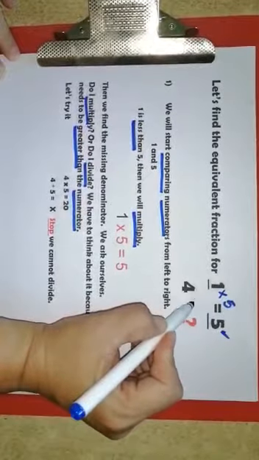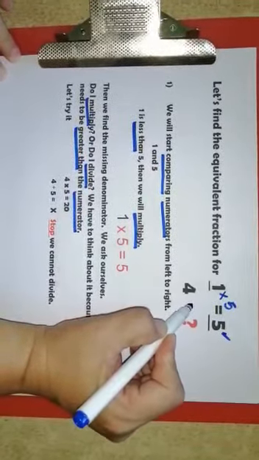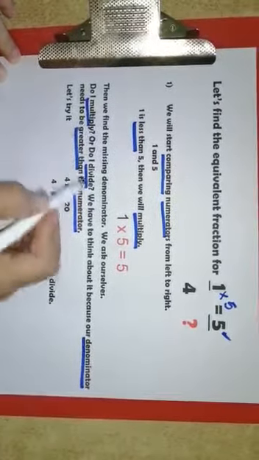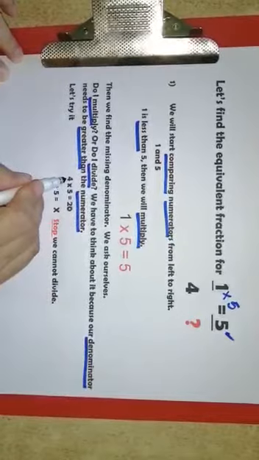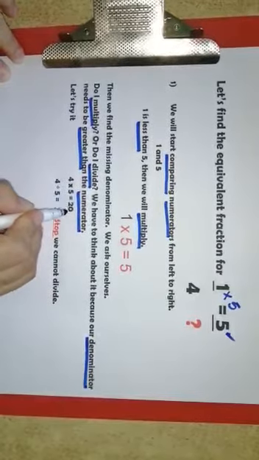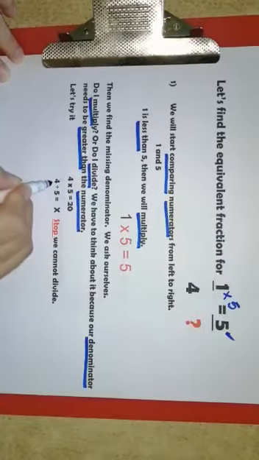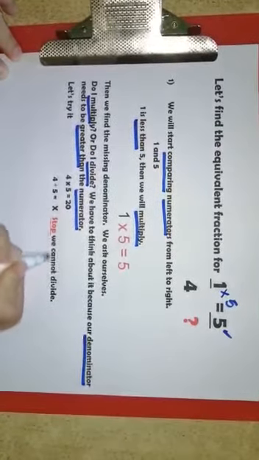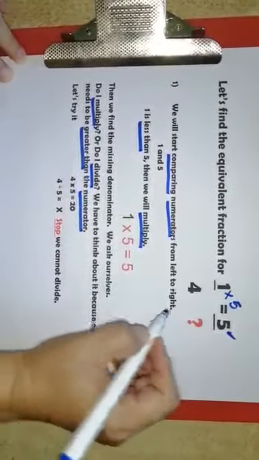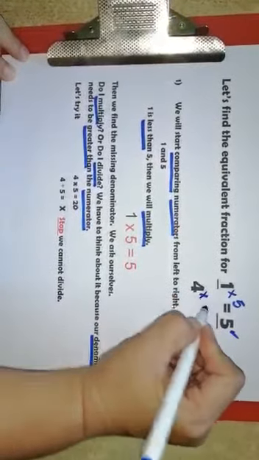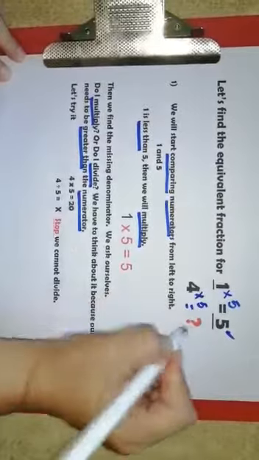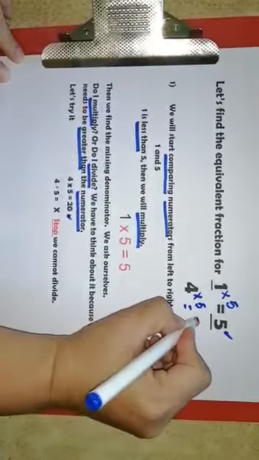We need to use 5 at the bottom. The question is if we have to multiply or divide. 4 times 5 equals 20. And 4 divided by 5, we can't do that. So we will multiply. So we will say 4 times 5 equals 20.